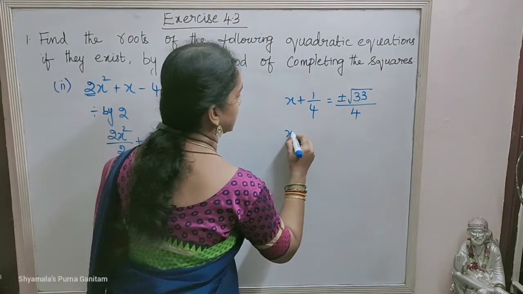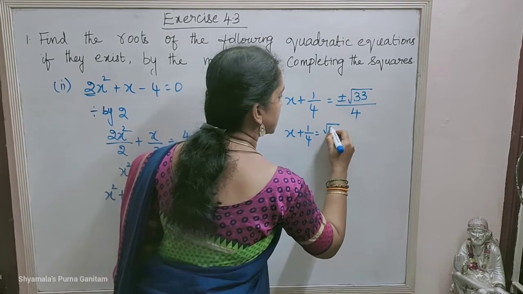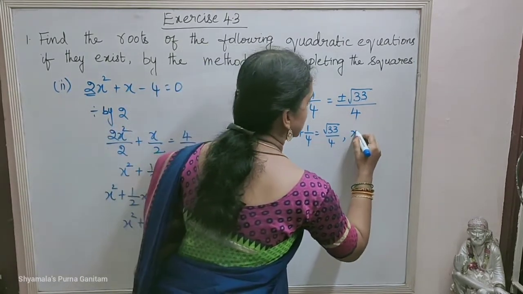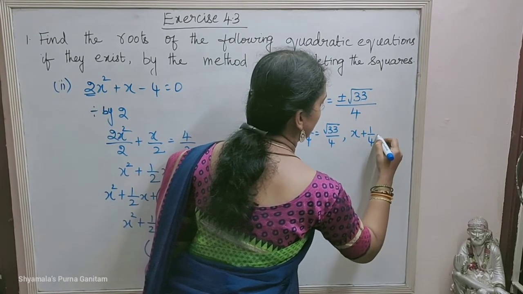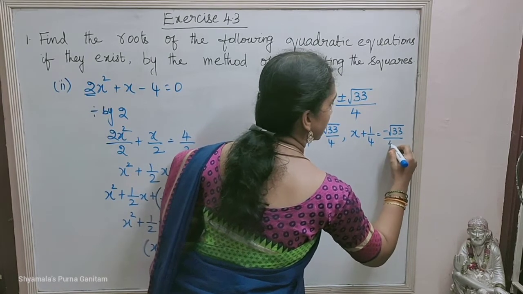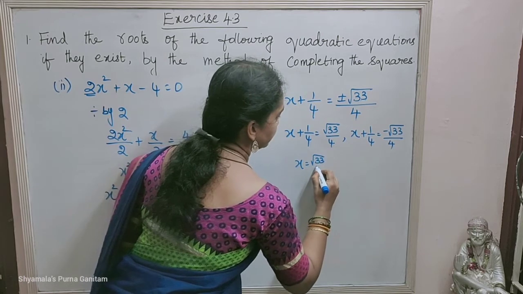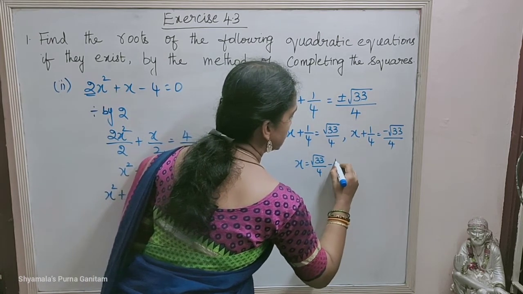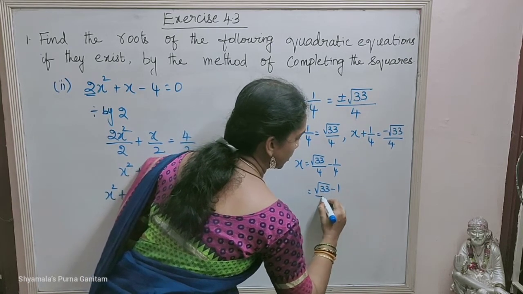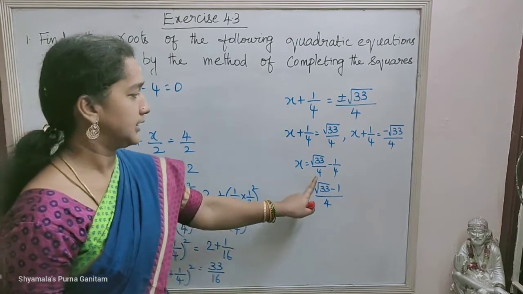So the two values for x: x plus 1 by 4 is equal to plus root 33 by 4 is one value, and the next one is x plus 1 by 4 is equal to minus root 33 by 4. So x will be root 33 by 4 minus 1 by 4. Since 4 is the denominator, it is a like fraction.